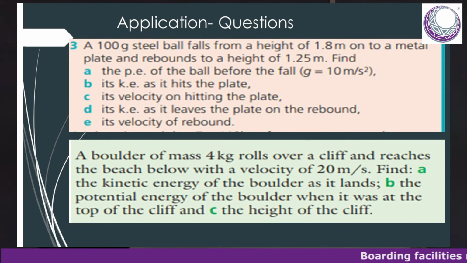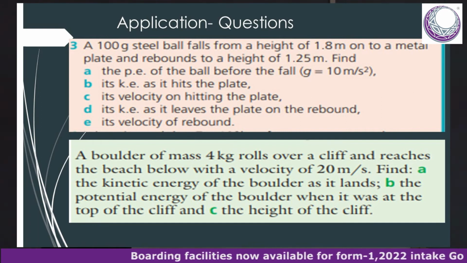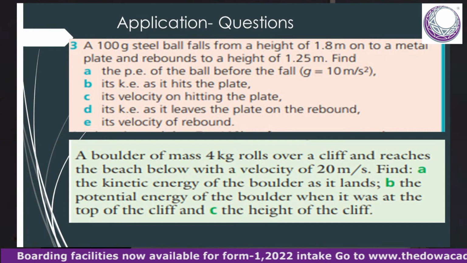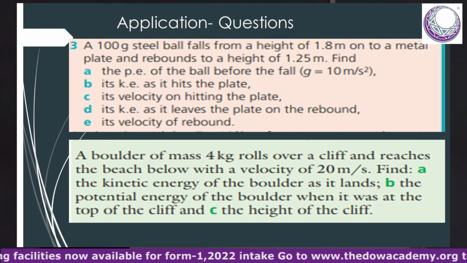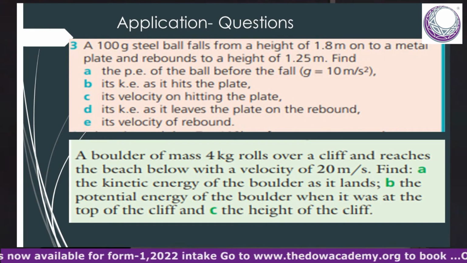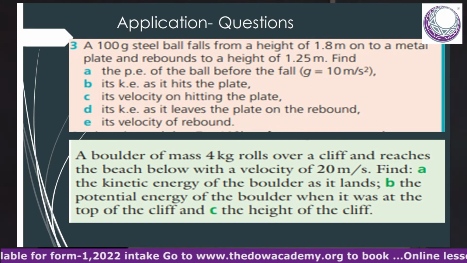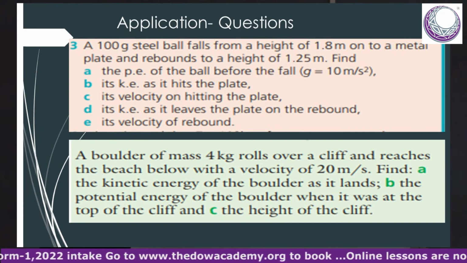We have got a task which you are going to do as you revise your materials, where you are supposed to apply the principle of conservation of energy on a calculation. You are going to do your calculations there. Question 1, a 100 gram steel ball falls from a height of 1.8 meters onto a metal plate.